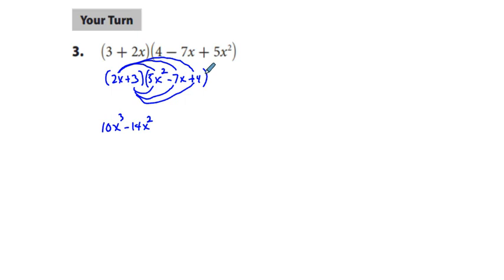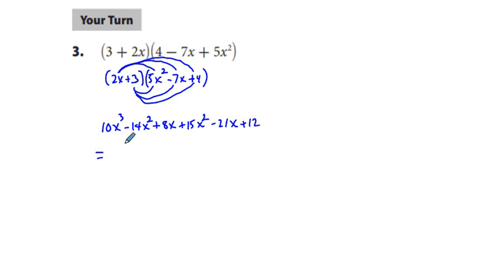Then we have 2x times 4, which is plus 8x. And now on the bottom, we have 3 times 5x squared, which is plus 15x squared. Then we have 3 times negative 7x, which is minus 21x. And finally, 3 times 4 is going to be plus 12.